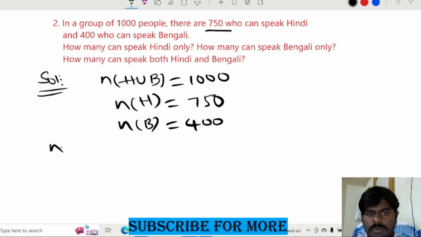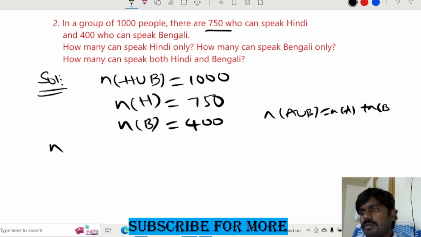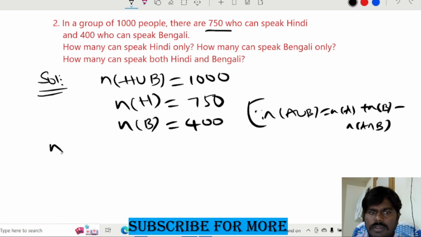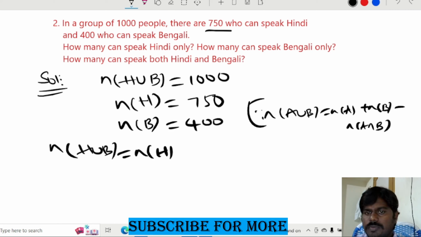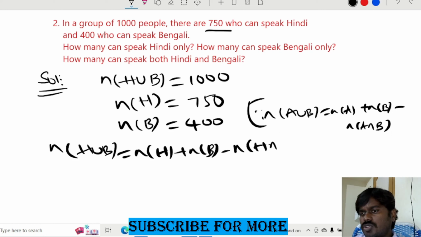Here we have to remember one formula: n(A union B) is equal to n(A) plus n(B) minus n(A intersection B). We have to remember this formula. So I am taking n(H union B) is equal to n(H) plus n(B) minus n(H intersection B).